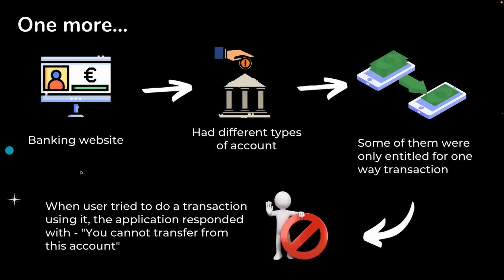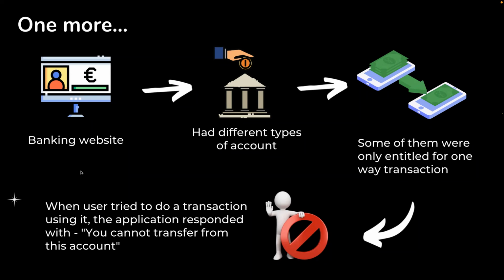Then next, there's one more scenario on a client side control. This was also a banking website. Now this banking website, I observed, was somewhat different from others. It had different types of accounts.